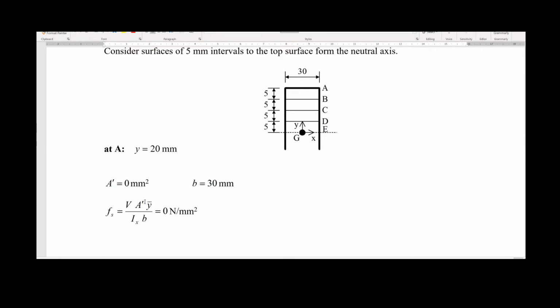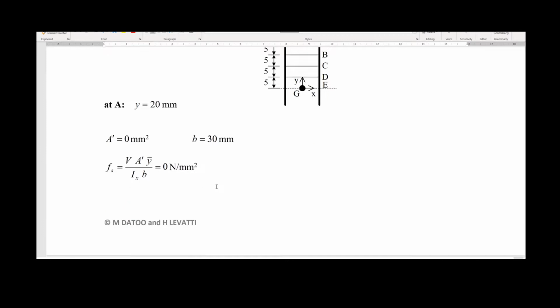The area is equal to 0, so automatically everything is equal to 0. But if you want to replace this, well, this will be equal to y in this case because there is no area. But it doesn't matter what values you feed this formula because A prime is equal to 0 already. So we have demonstrated one more time that the shear stress in a rectangular cross section in the fiber on top is equal to 0, and the same thing will happen with the fiber at the bottom.